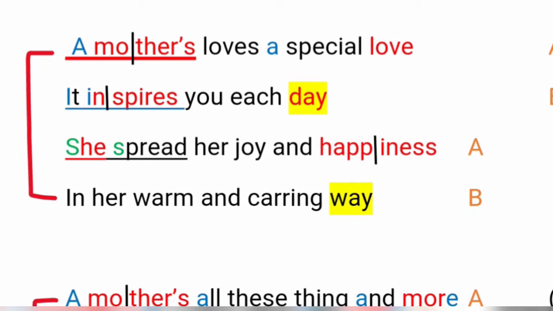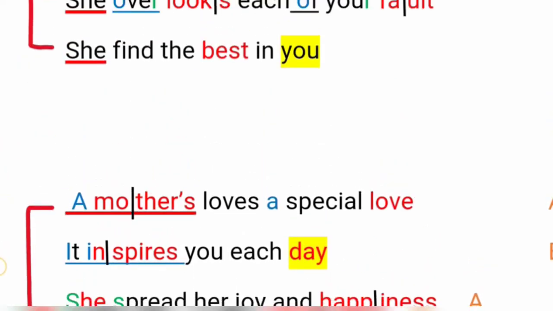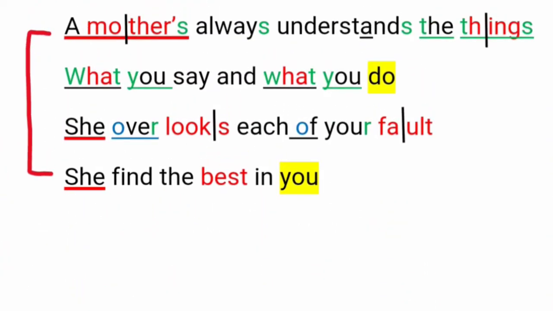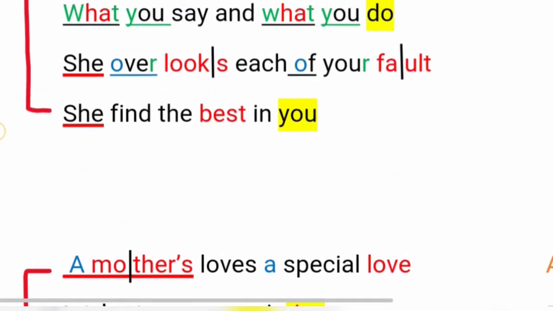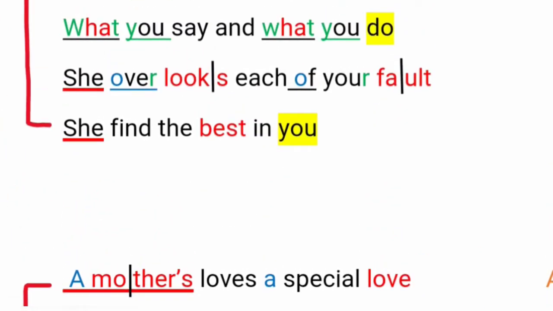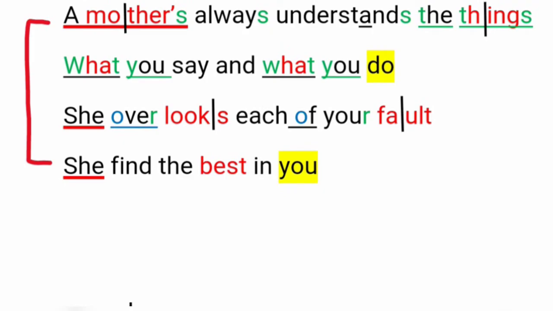And we move to the repetition. Repetition is a mother, like a mother's, and she. This is the first stanza.